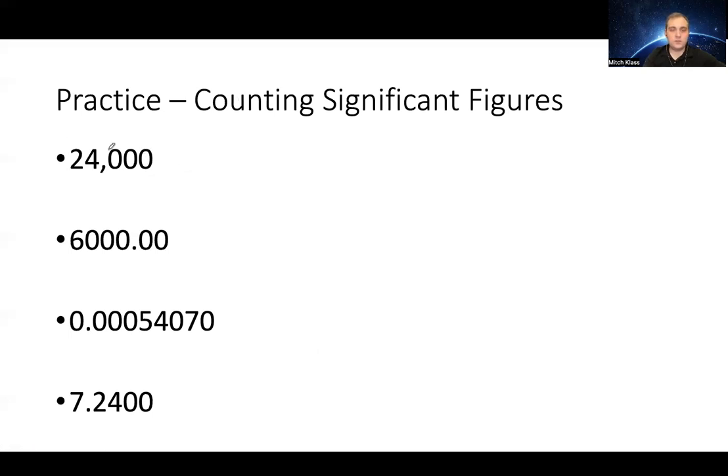So if we look over here, there are no decimal points. So this is just 24,000. These zeros are not sandwiched in between non-zero digits, so these are up for question. Now, because the decimal point is absent, we're going to use the Atlantic rule. So we're approaching from the Atlantic side, and then we stop once we hit a non-zero digit.